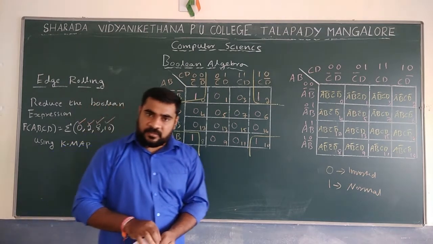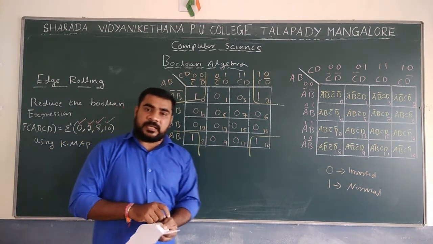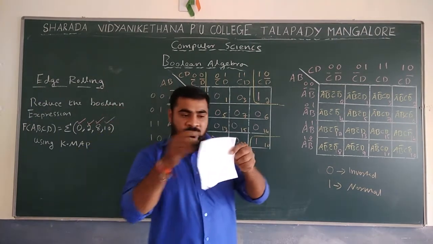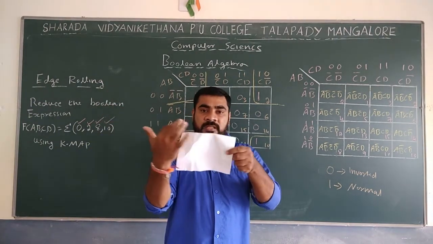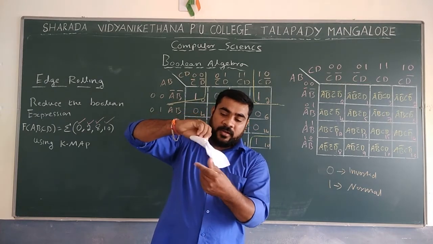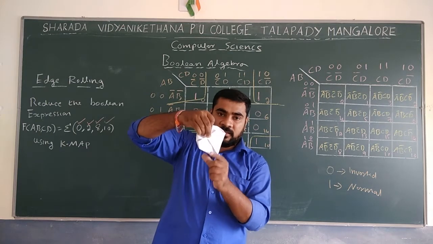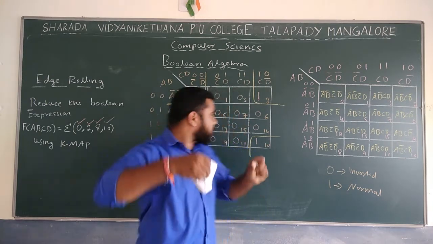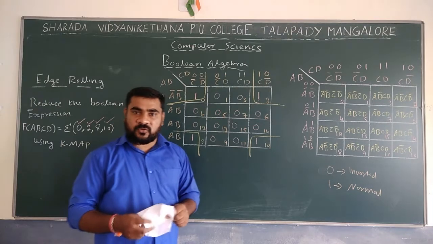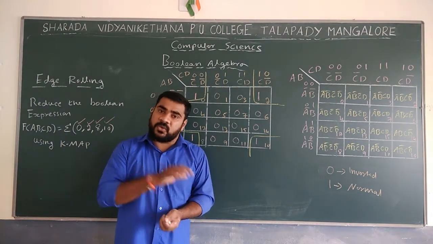These 4 edges we can treat as a single group. Understood? The concept here is 4 edges. We take the 4 edges, and they will be meeting in one point. So like this, the 4 edges. That concept is known as edge mapping or edge rolling.